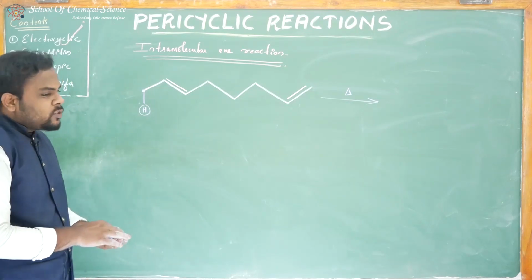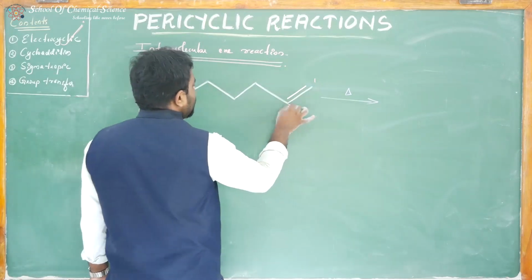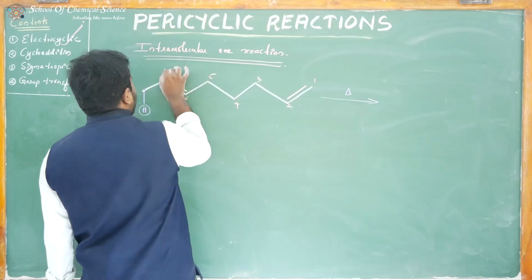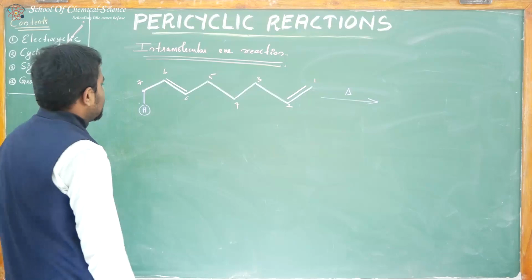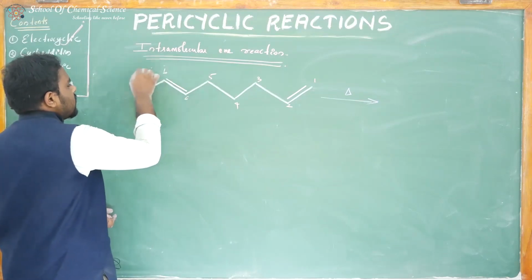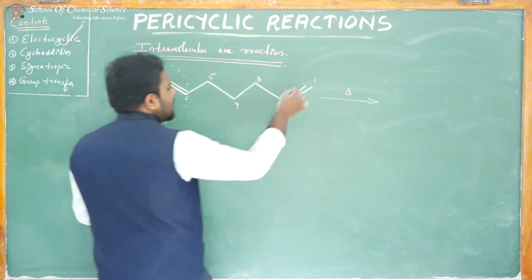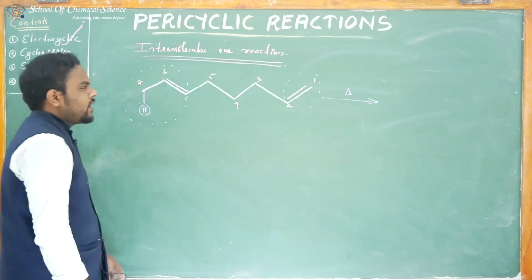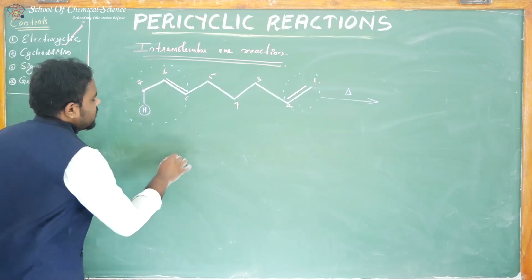First of all, you have to give a number. This is 1, 2, 3, 4, 5, 6, 7, 8 carbon. So this will be the allylic system and this will be the enophile. You can take them separately.